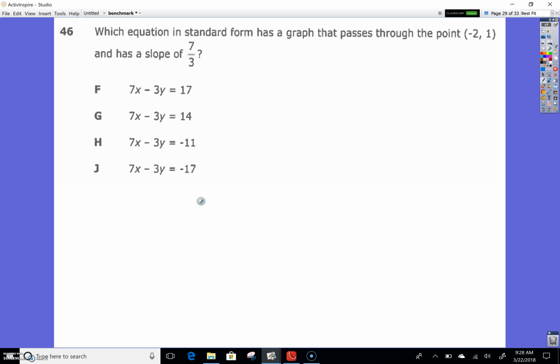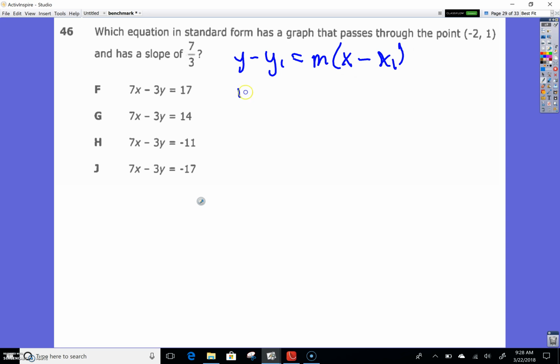46. Which equation in standard form has a graph that passes through the point -2, 1, and has a slope of 7/3? Normally, I have taught you to do this: y minus y1 equals m times x minus x1.